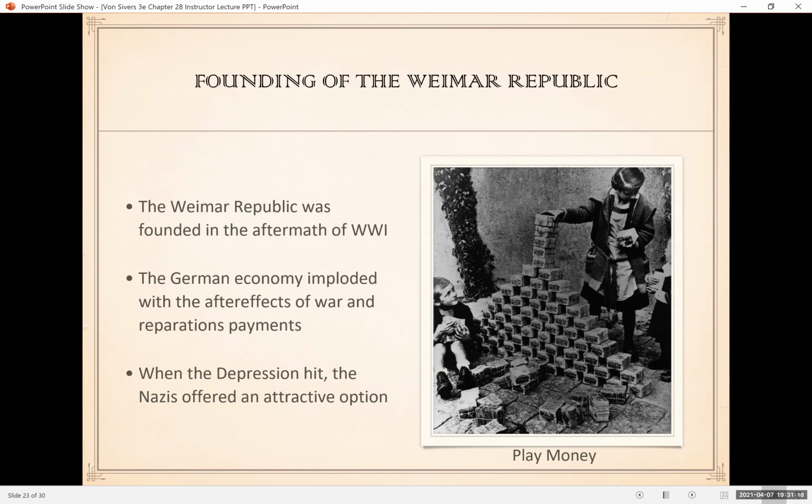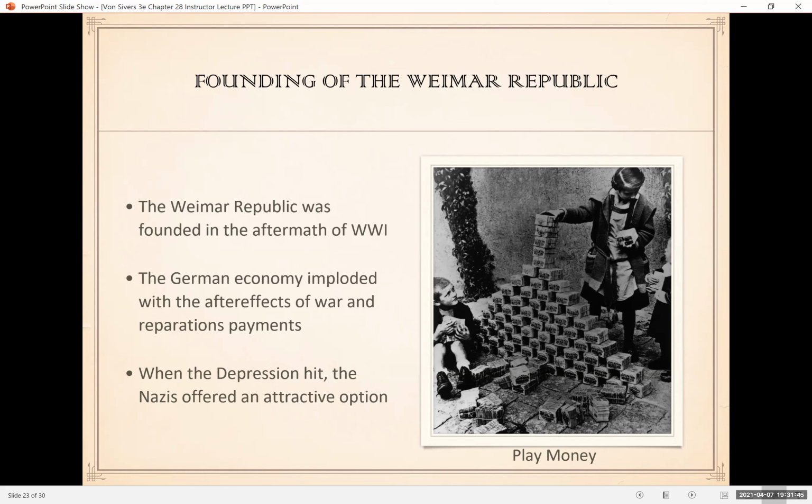You could find postage stamps that they didn't have enough money to reprint to add more zeros. So they just had rubber stamps that they stamped on the postage stamps that turned them into million Deutschmark stamps. It was really bad.